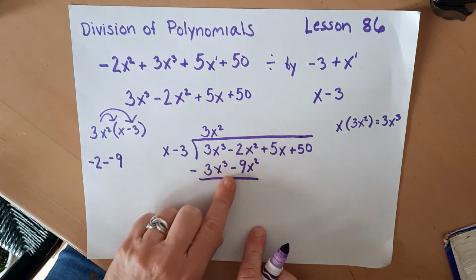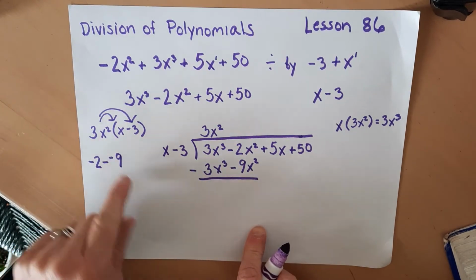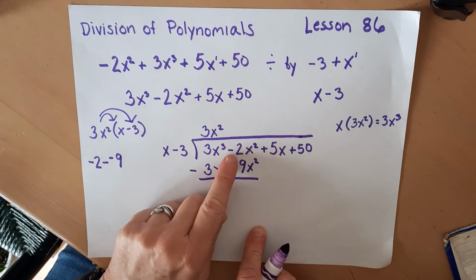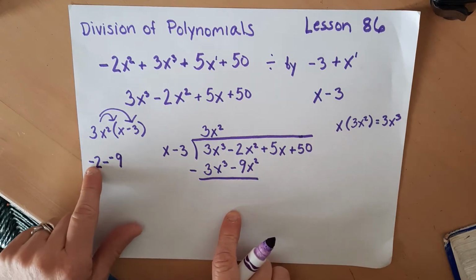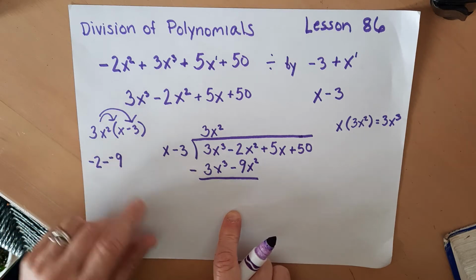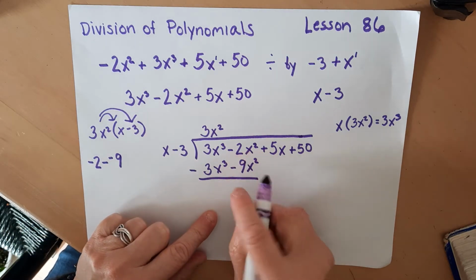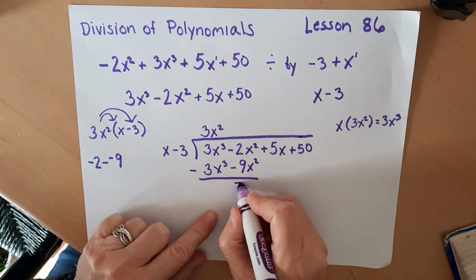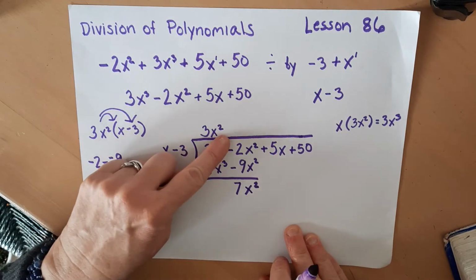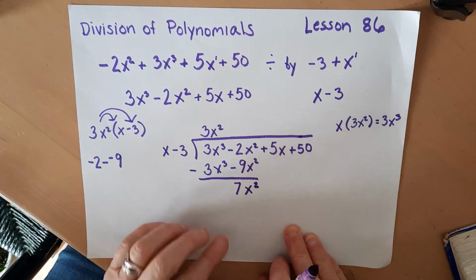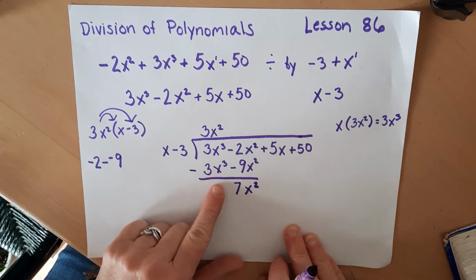This is where a lot of people make mistakes, because that is a lot of signs to keep track of, but just do it carefully. Minus 2 minus negative 9 is the same thing as positive 7. So negative 2x squared minus 9x squared gives us a plus 7x squared. Now we look at this. 3x cubed minus 3x cubed is just 0, so we don't have to put anything down here.